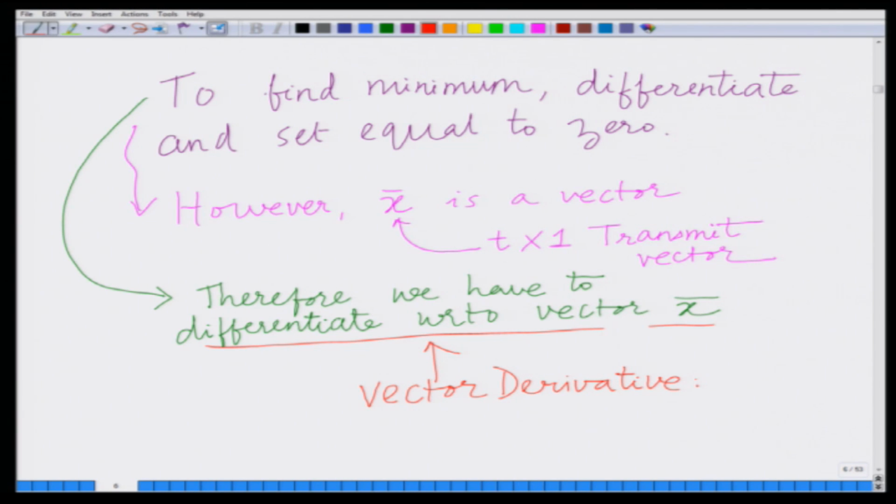Many of you must be familiar with the scalar derivative. So, we now need the concept of a vector derivative, since we need to differentiate with respect to the vector x bar, which is a T dimensional vector.